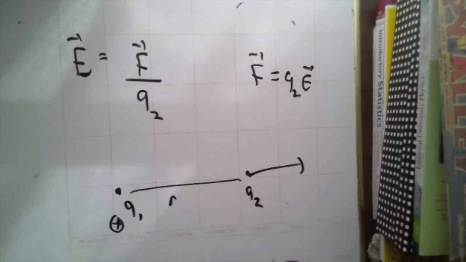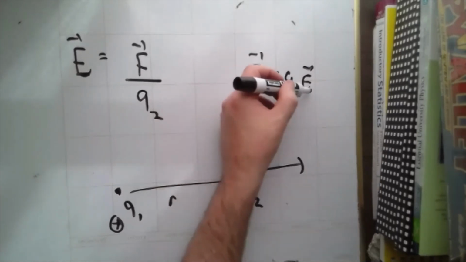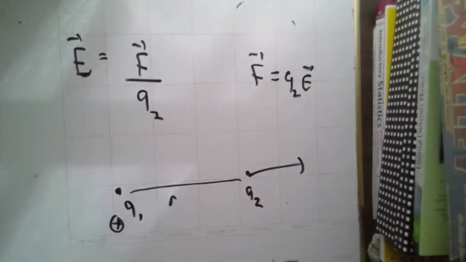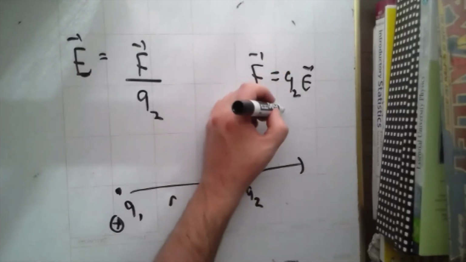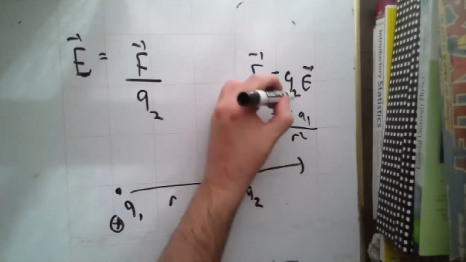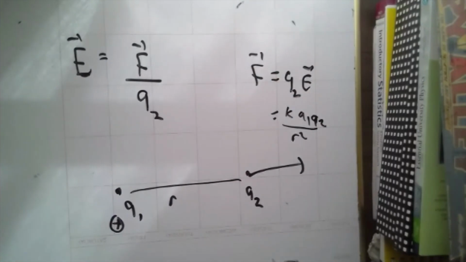It feels a force caused by the electric field that was already there. That force will be its own charge times the electric field that was already there. That's where the force comes from, the electric field that already existed. That's really just Coulomb's law. Remember, E was K Q1 over R squared. Now I'm just bringing in a second charge. That's what we wrote down for Coulomb's law.